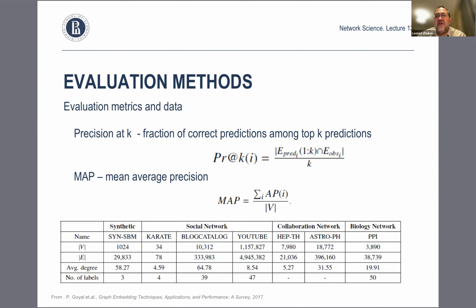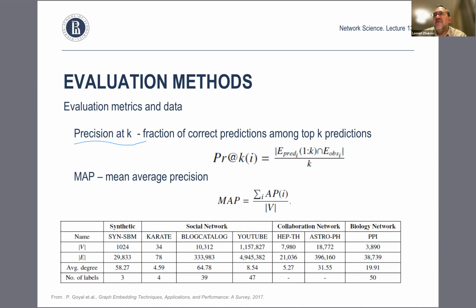The results I'm going to show here are from the review paper by Palash Goyal and Emilio Ferrara. They looked into several metrics, and we're going to take a look at a few of them. One metric is the so-called precision at K. This is a very typical metric for information retrieval, where you calculate the fraction of correct predictions among the top K predictions.